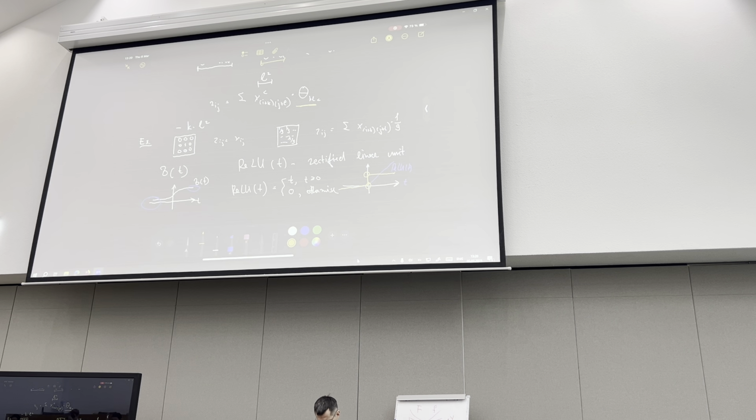Also, if you worry too much about this, you can try some generalizations. For example, you can smooth this thing a bit near 0.